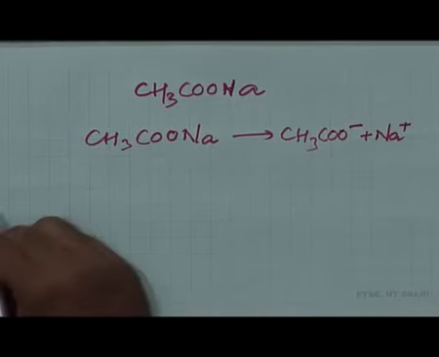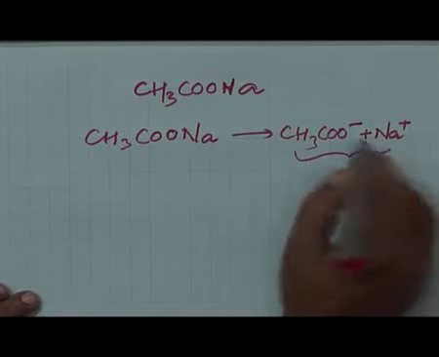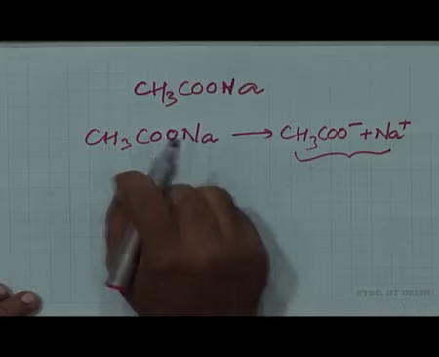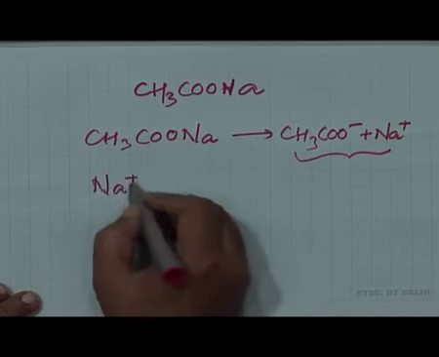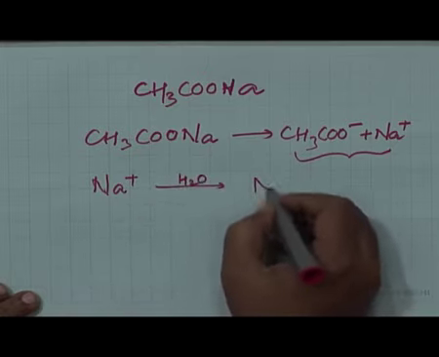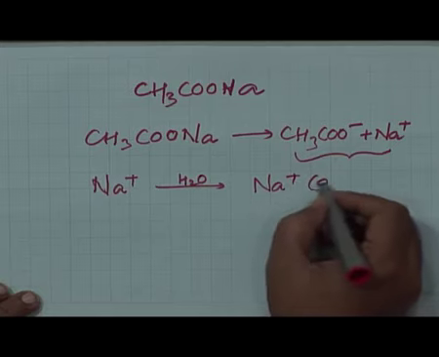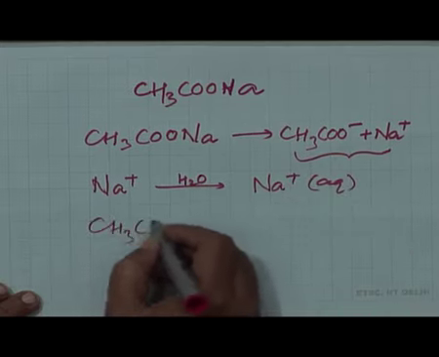So, first thing this happens. Now, what will happen to these ions when they come into contact with water molecules? So, Na plus in water, you know Na plus gets hydrated. So, what about acetate ion?